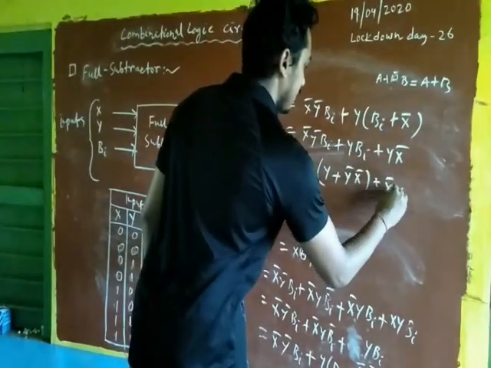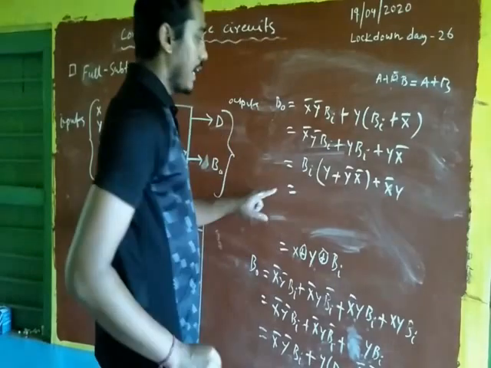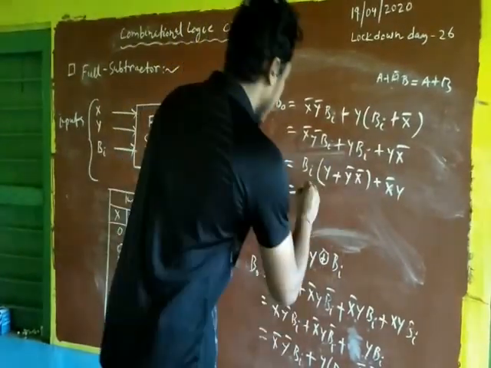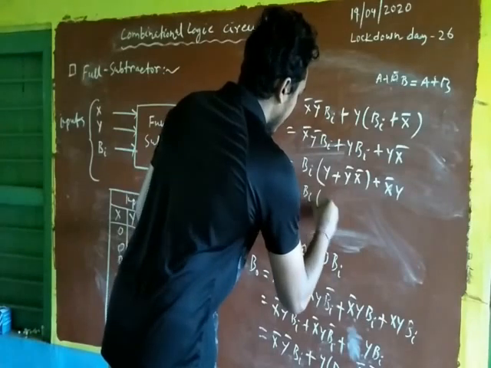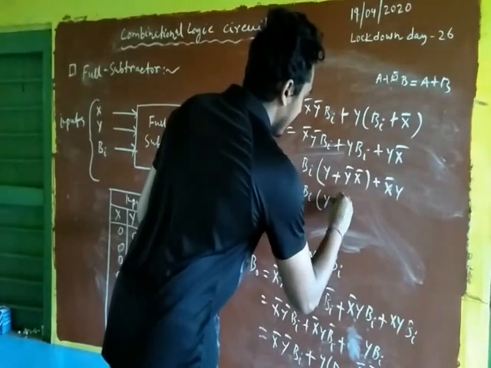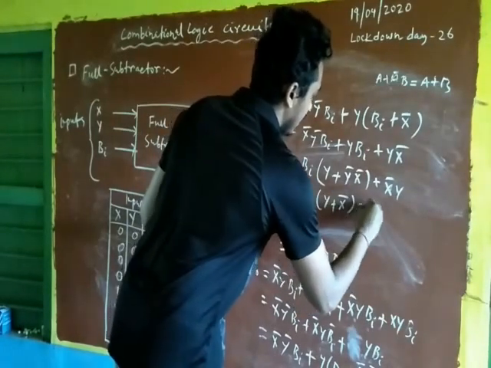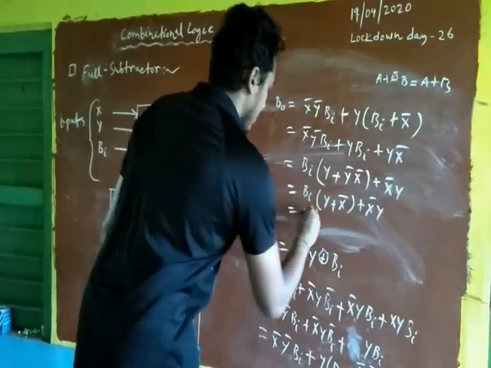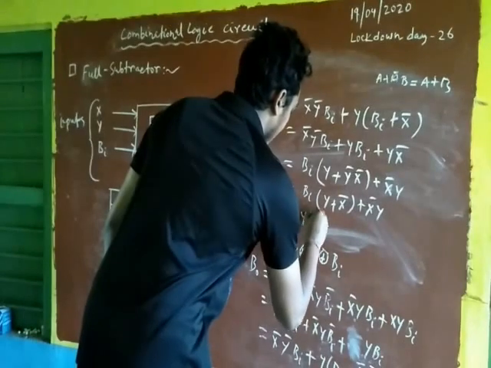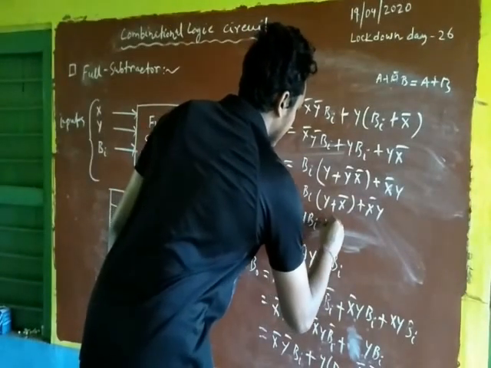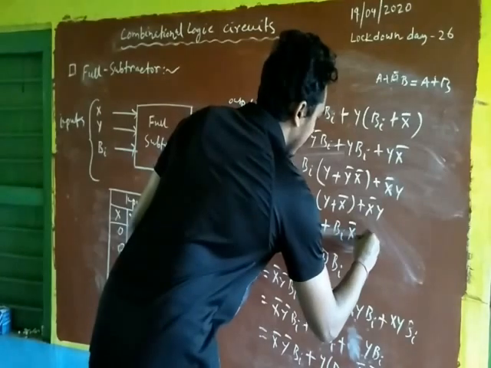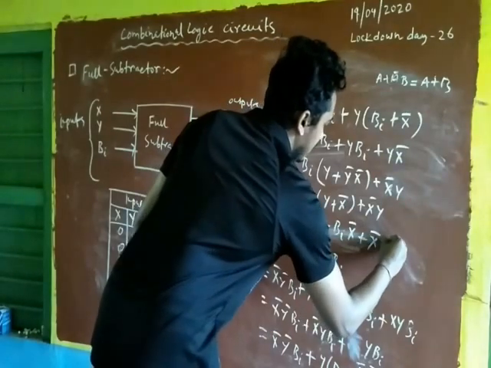Okay, so here same, we are applying absorption law here, so we are getting bi into y plus x bar plus x bar y. So finally we are multiplying here, so y bi plus bi x bar plus x bar y.